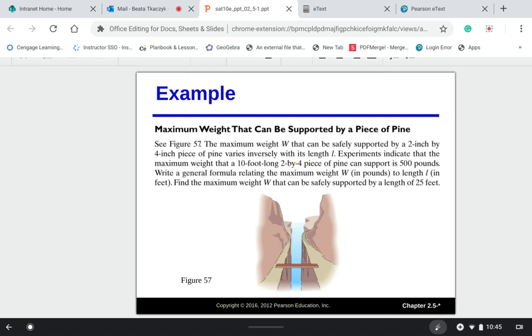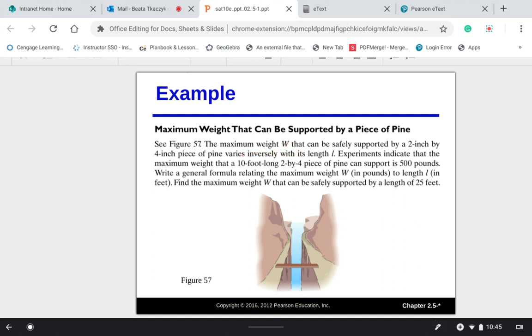By using this information, we're going to find k, the constant of proportionality, and then answer the question, when we need to find the maximum weight that safely supports the length of 25 feet of the pine.